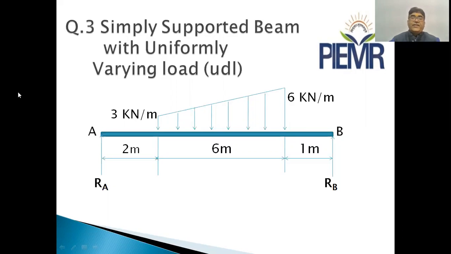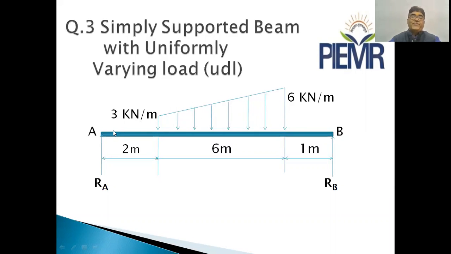In my 8th lecture today, I will be discussing one question on simply supported beam which is having uniformly varying load. As you all can see in the shared slide, and as you have known in my last lecture, I have already discussed that this is the type of varying load which is varying from one point to another and uniformly varying.